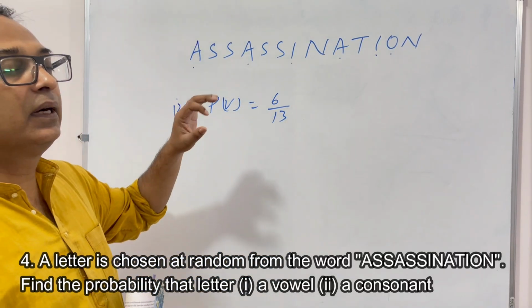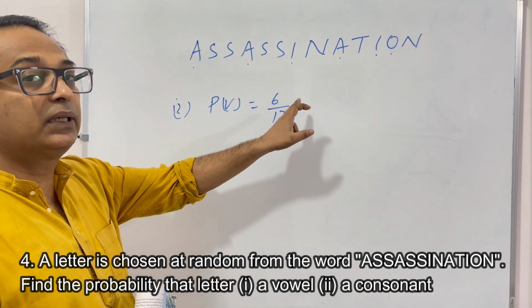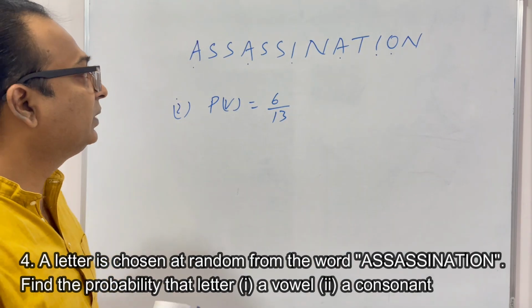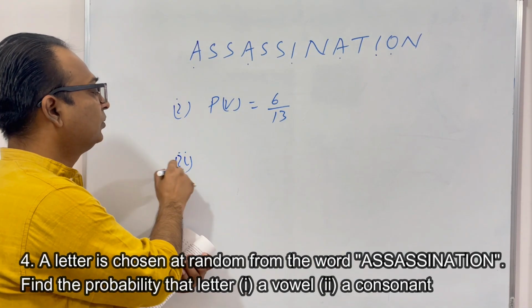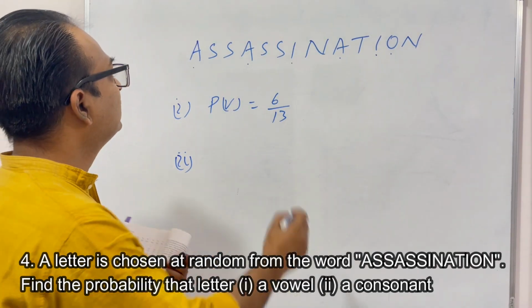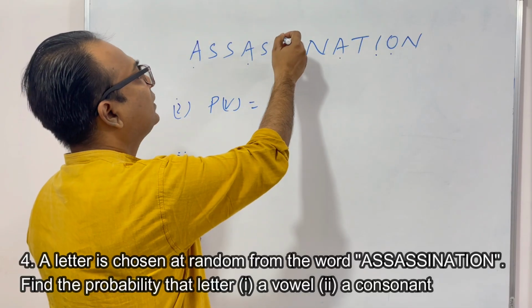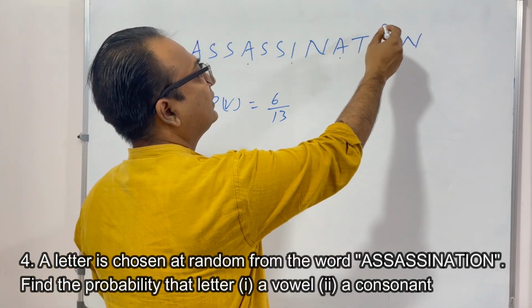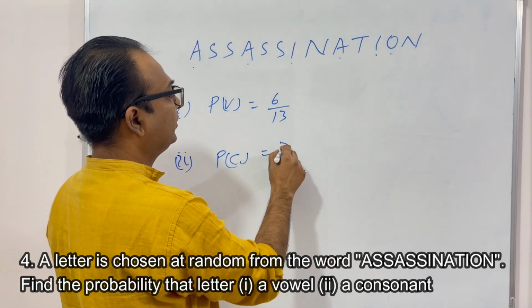So if you randomly pick a letter, the chances are that out of 13 chances, 6 will be a vowel. And how many consonants are there? Consonants are 1, 2, 3, 4, 5, 6, 7. So this is 7 by 13.